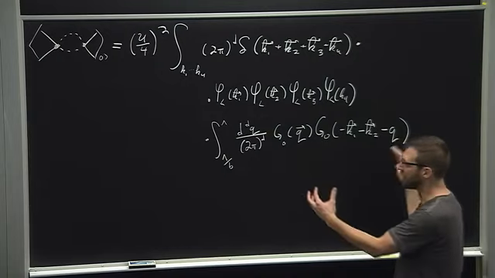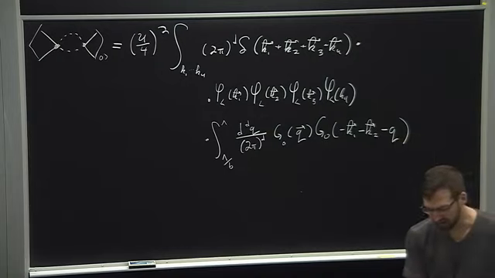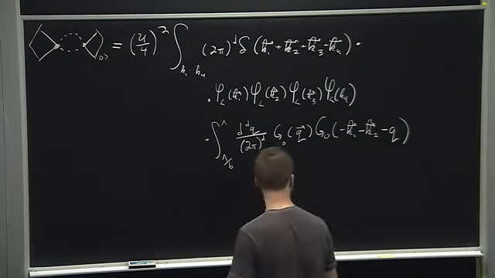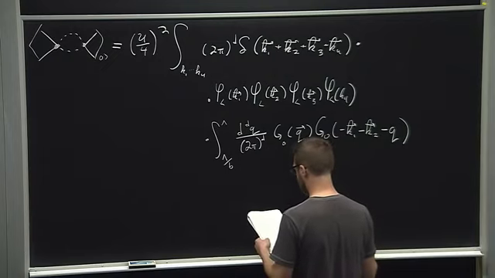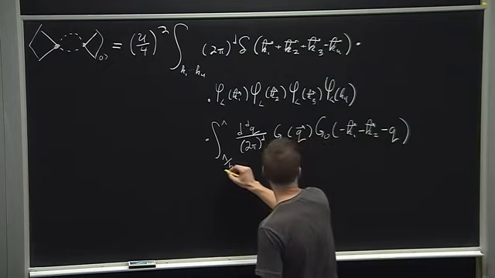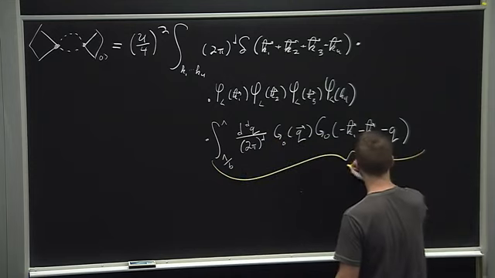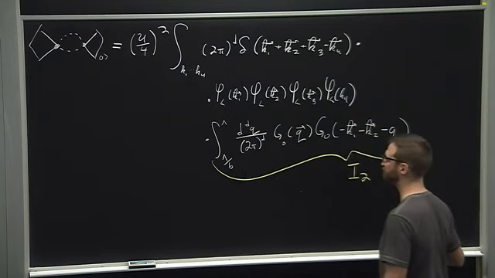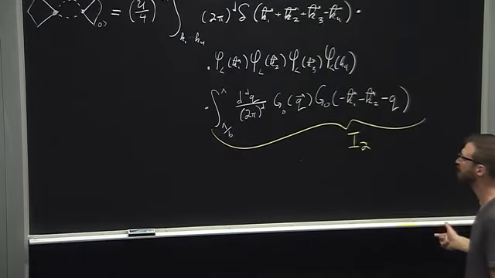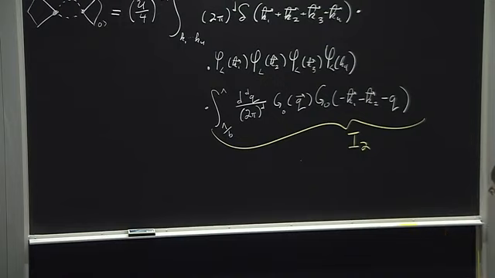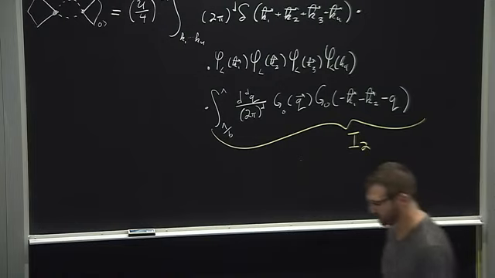Okay, so let's just look at that piece. We have to do that integral. So let's call it I2. And we know the form of those G naughts. Well, let me just write them out.